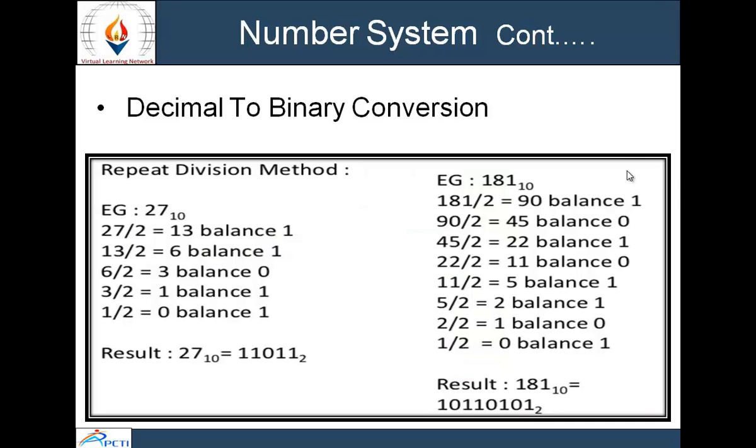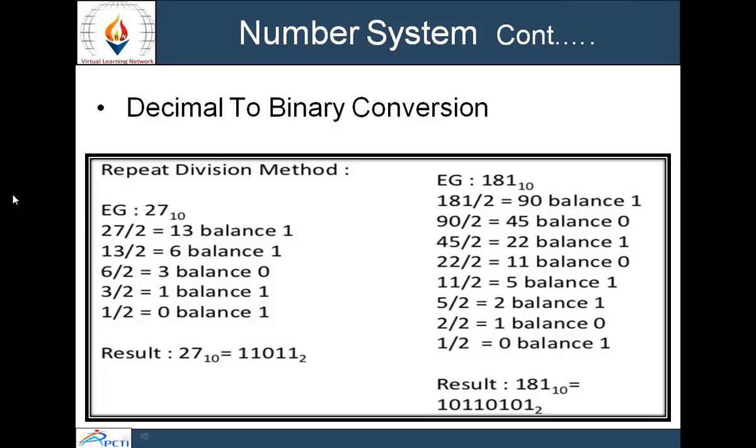First is decimal to binary conversion. To convert a decimal number system to its corresponding binary number system, repeat division method is used. For example, if we take a number, say 27 base 10, that is decimal number, and we want to convert it into the corresponding binary number, then we will divide it by 2, that is the base of binary number.